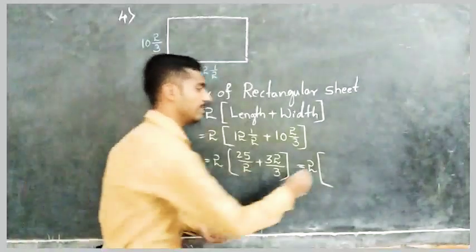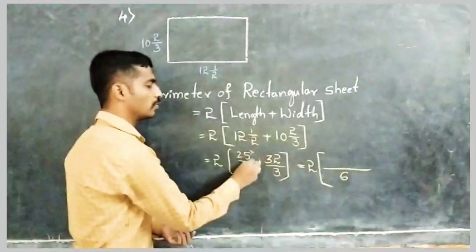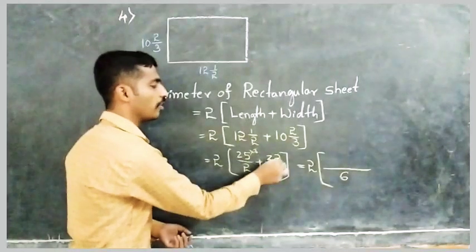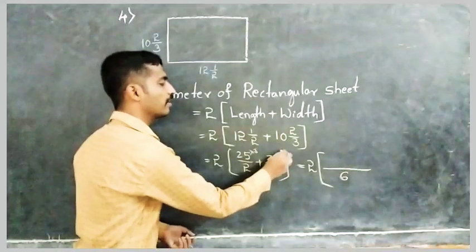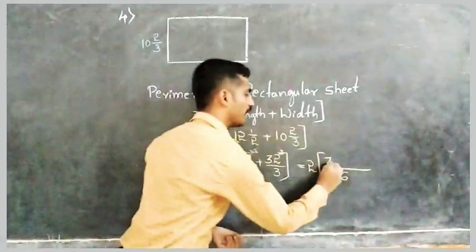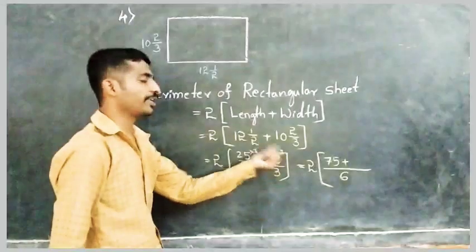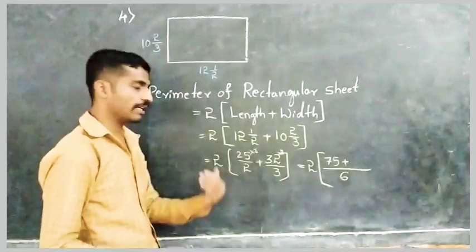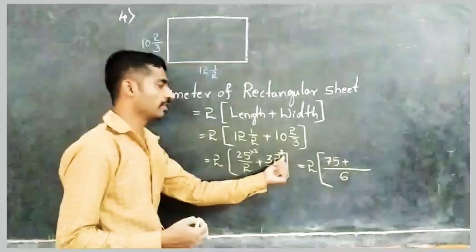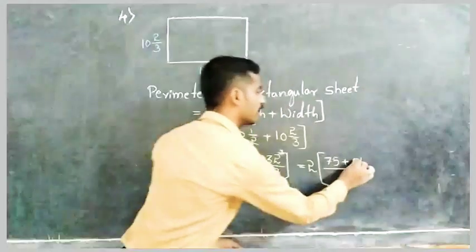So take the LCM as 6. 2 3s are 6, 3 2s are 6. So now 25 3s are 75 plus 32 into 2.